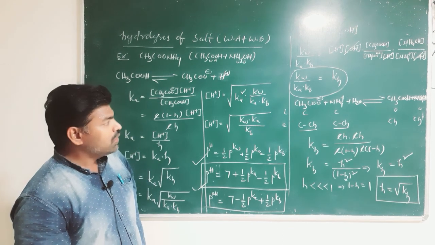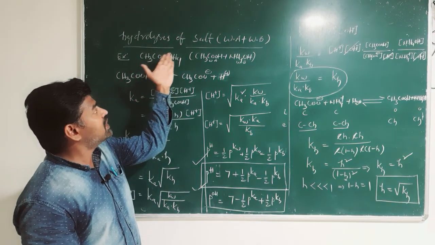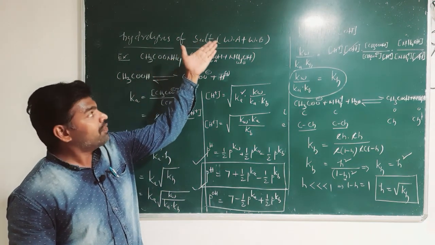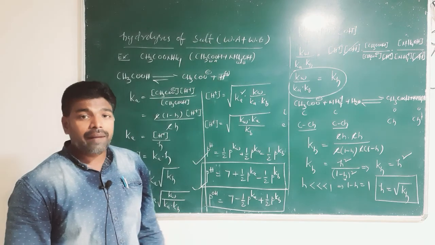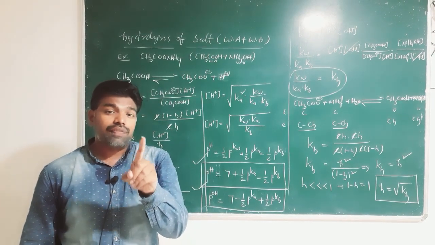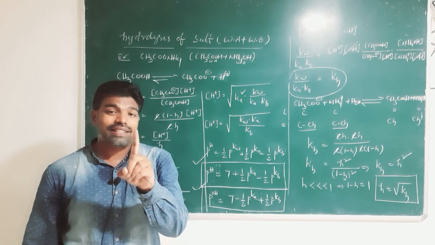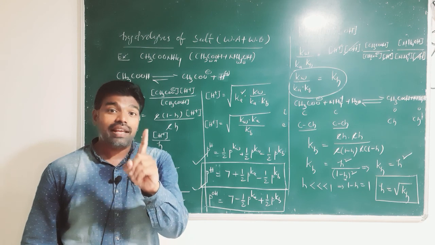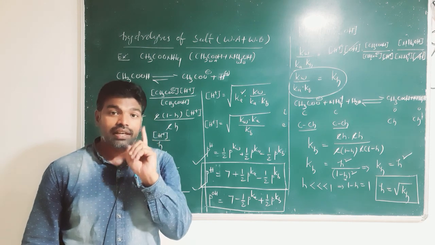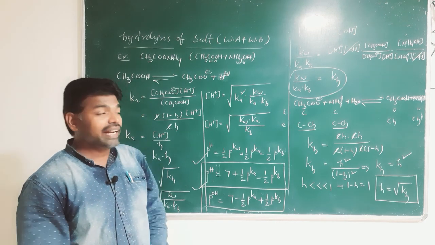Okay, so this is about hydrolysis of salt derived from weak acid and weak base. As I already told you, it has different characteristics unlike the other salt hydrolysis. What are the different characteristics?